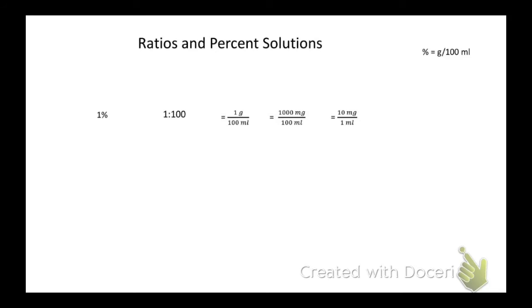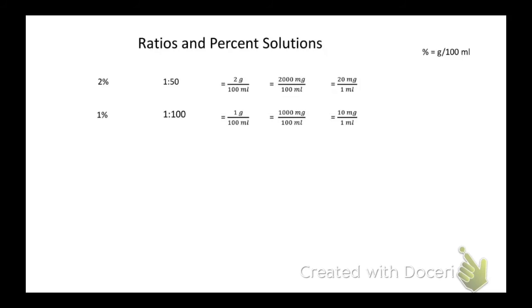Now let's change that percentage a little bit. Let's go up to 2%. What does that mean? Well, it actually means 2 in 100, but we can simplify 2 in 100 to 1 to 50. Let's write it, however, as the originally intended way. 2% means 2 grams per 100 mLs, and that means 2,000 milligrams per 100 mLs.